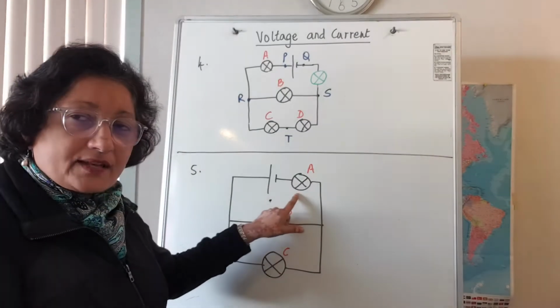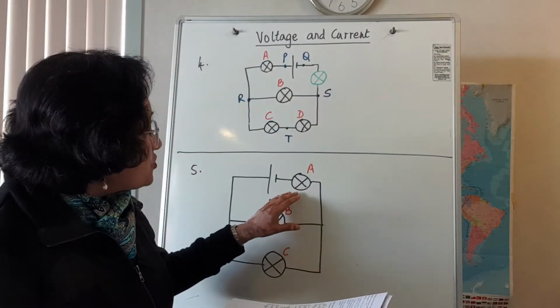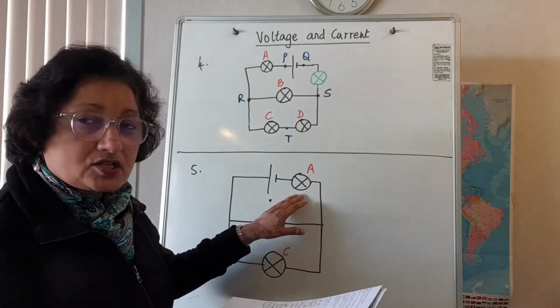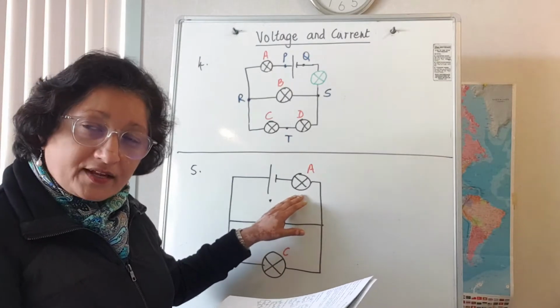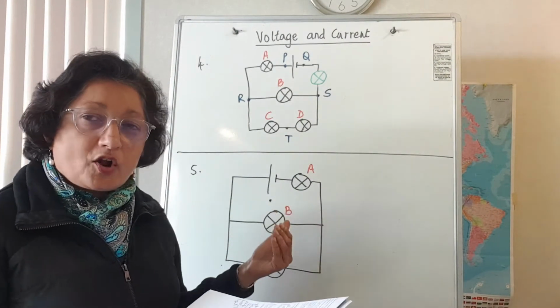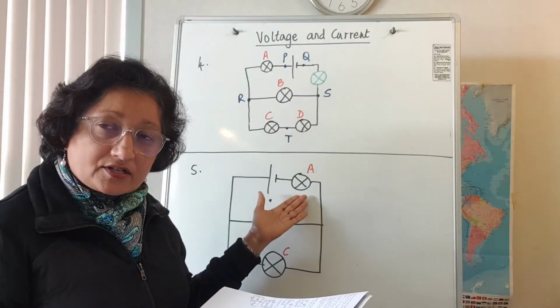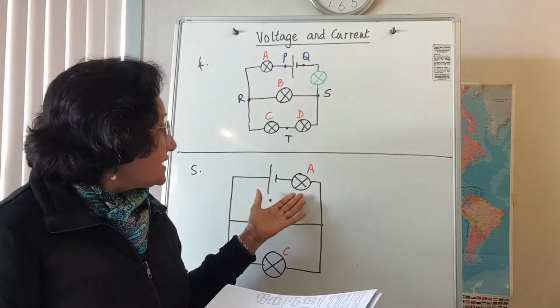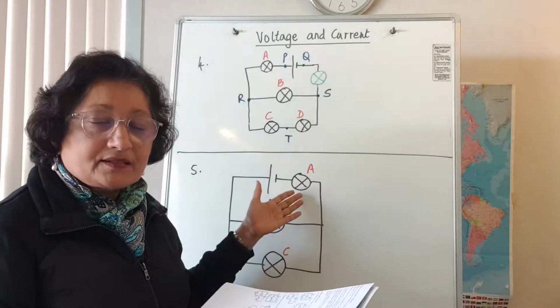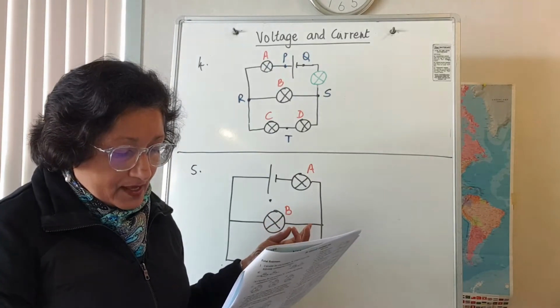So lamp A will have the biggest current through it, so it will also have the biggest voltage across it. Now the brightness of a lamp depends on its power output, which is voltage times current. Since A has the biggest current and the biggest voltage, it will be the brightest lamp because it's got the biggest power output.